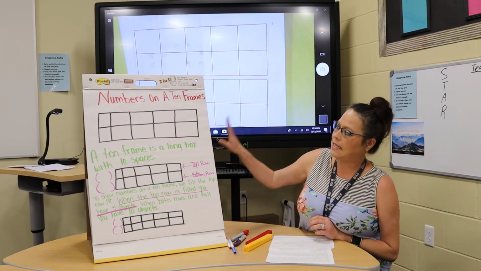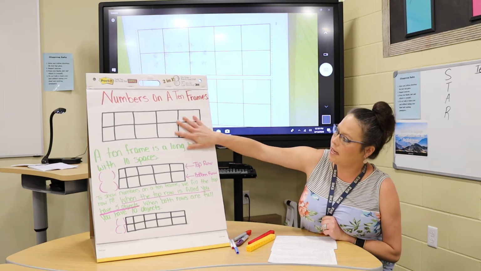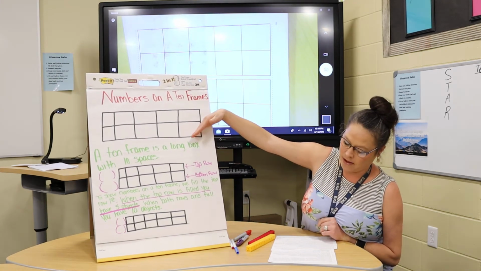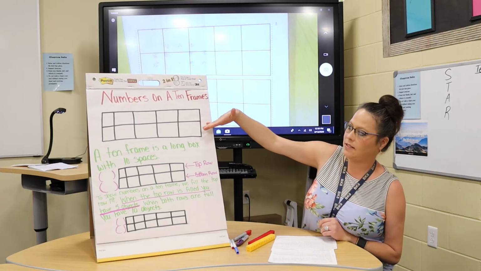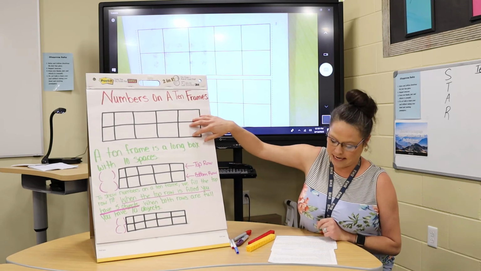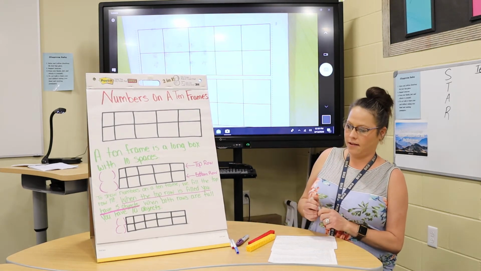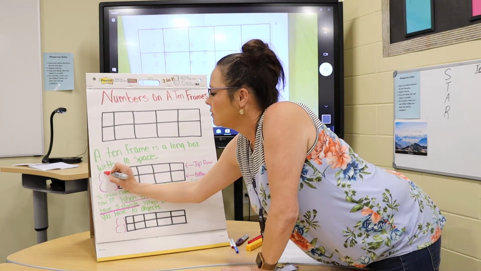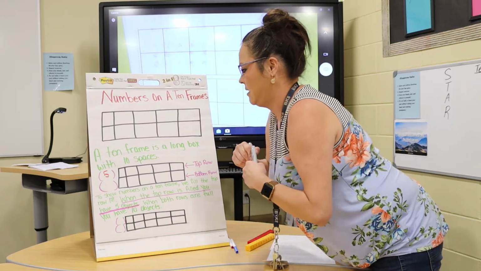All right, this is what a 10 frame looks like. It is a long, empty box with 10 spaces. It's got 5 on top, 5 on the bottom. So you would think 5 plus 5 would give us 10. So we would have 5 objects here and 5 objects here.